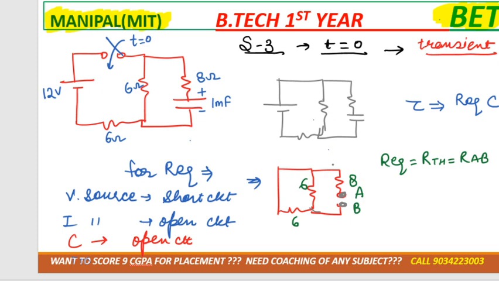The friend whose house is on a different path means they are in parallel. You will start with the resistance which is very far away from you, that is 6 ohm. So you are walking from A and have to go to B. Tell me, are the homes of this 6 ohm and this 6 ohm on the same path or on different paths? Can you reach both together, or will you have to go by separate paths?